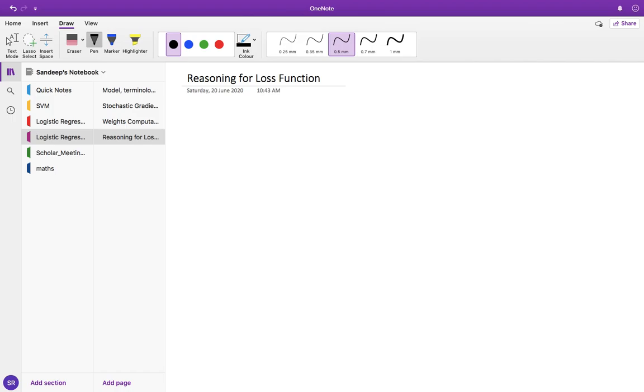So let me write the equation first here. Loss function. The loss function L of yi comma yi cap is given as minus of yi log of yi cap.